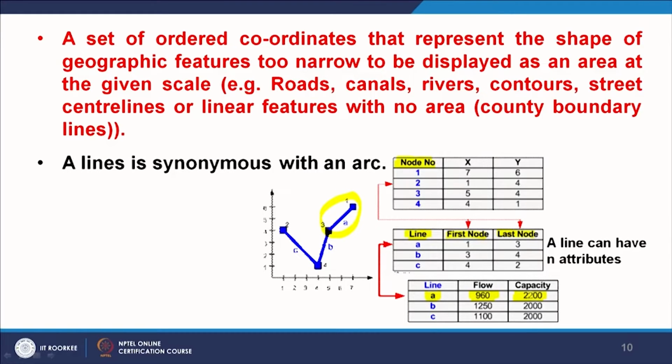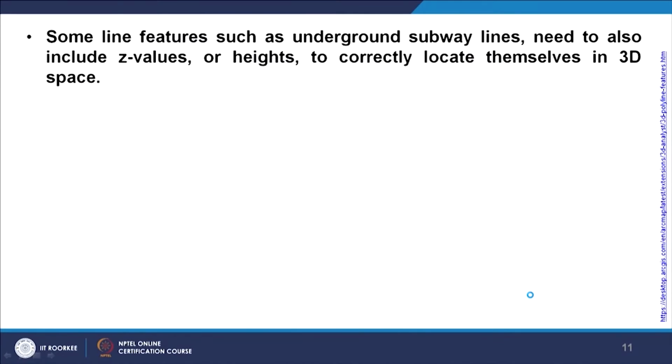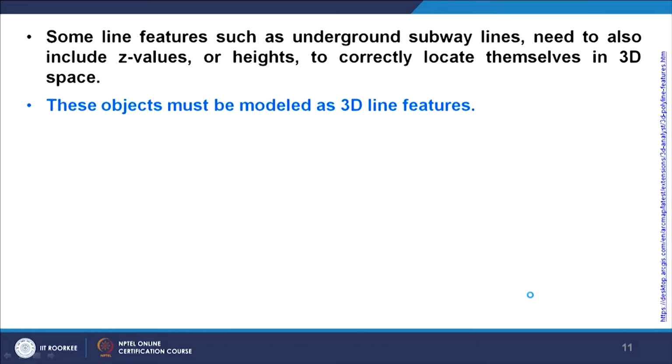Now sometimes we also have to, as when GIS started, it started basically for underground network, and still it is continuing, of course. So for underground features, the same way information can be stored, except that the depth is stored instead of height. So some line features such as underground subway lines need to include Z value or height to correctly locate themselves in 3D space.